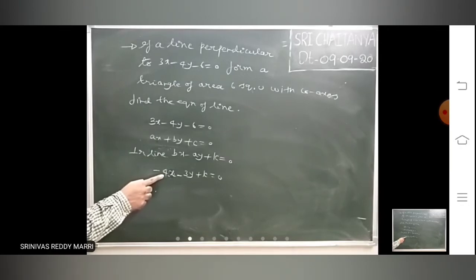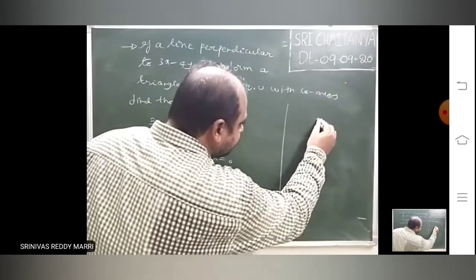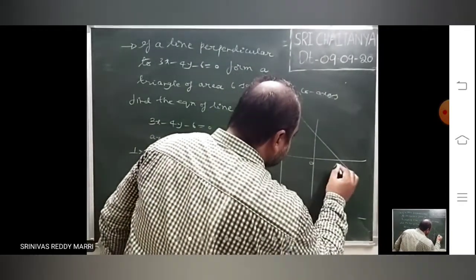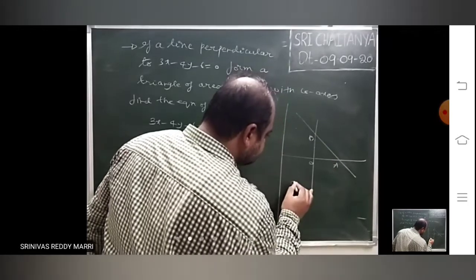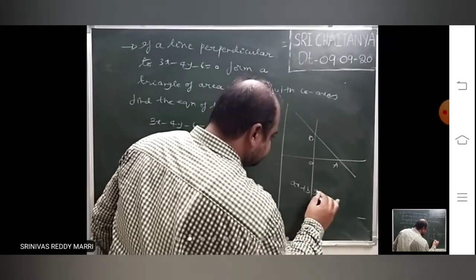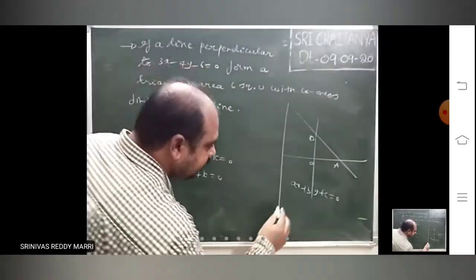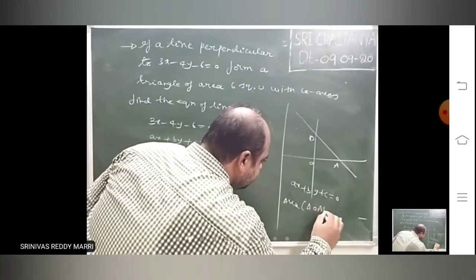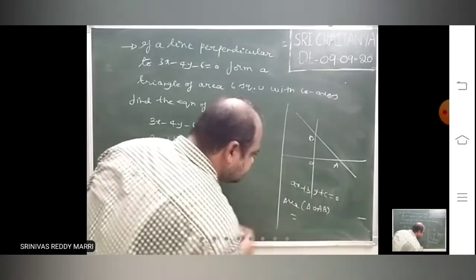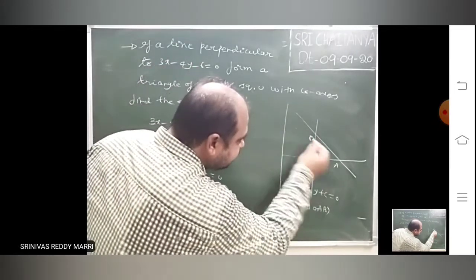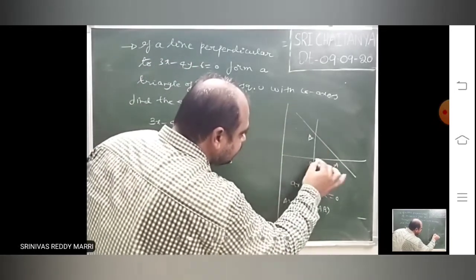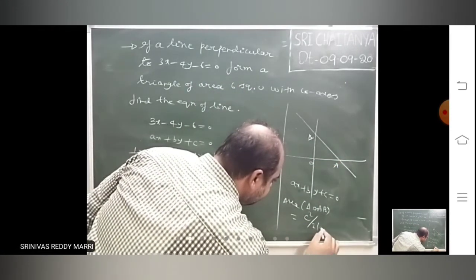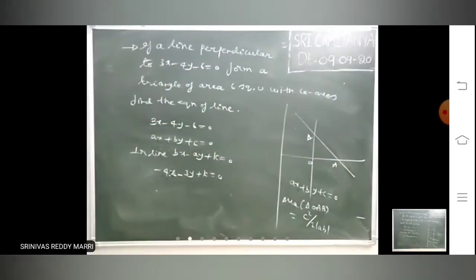Now what he is telling, look at the area of the triangle formed with coordinate axis by ax plus by plus c equal to 0. What is the formula? From now onwards we will use this a number of times. If a line is intersecting the coordinate axis, then the area of triangle OAB is c square divided by 2 modulus AB.